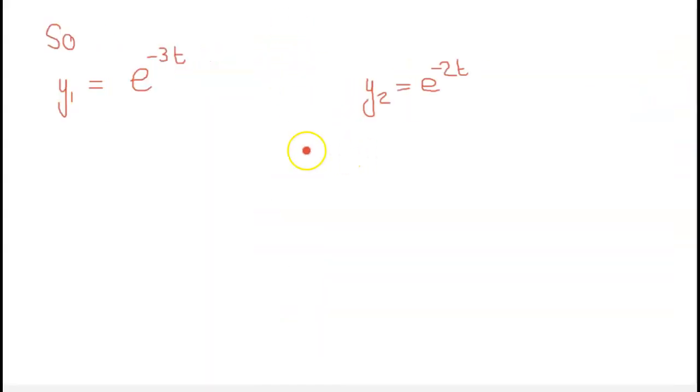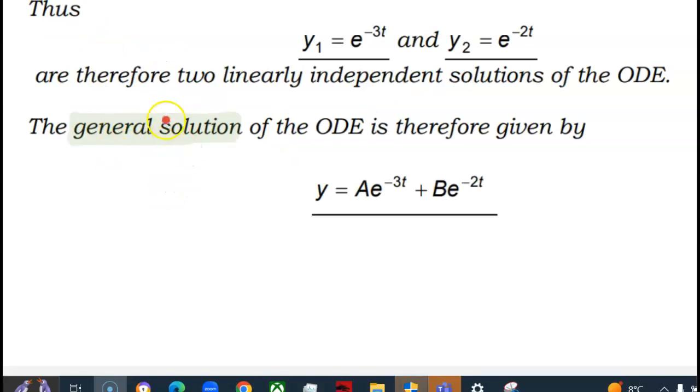So once we got these two roots, we write the general solution for the ODE. We call it GS, general solution, which is given by y equals A y1 plus B y2.